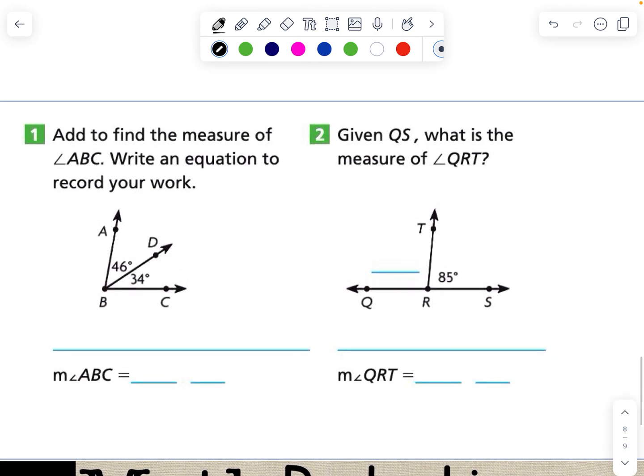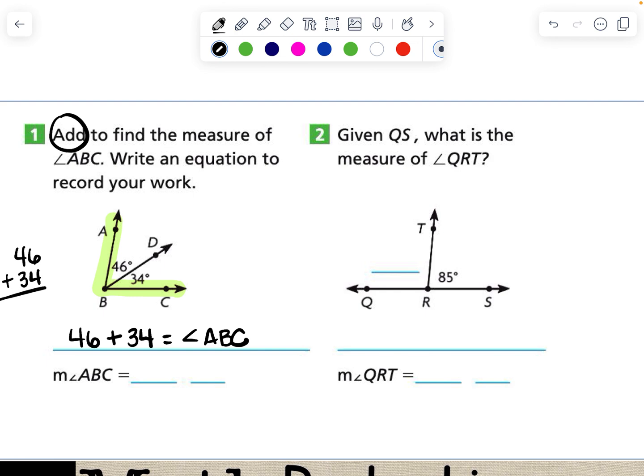The last two questions tell us add to find the measure of angle ABC. If we write an equation, 46 plus 34, I will know angle ABC. 46 plus 34, that angle measure is 80 degrees.